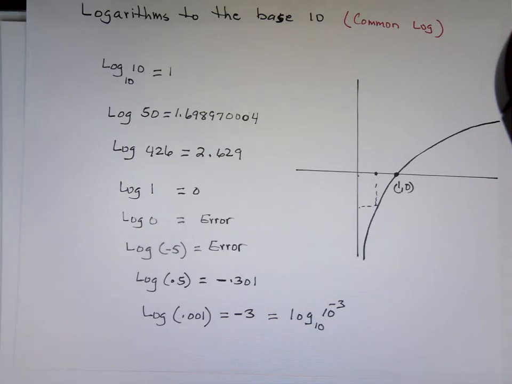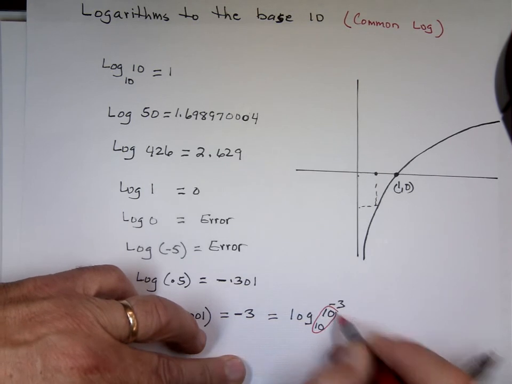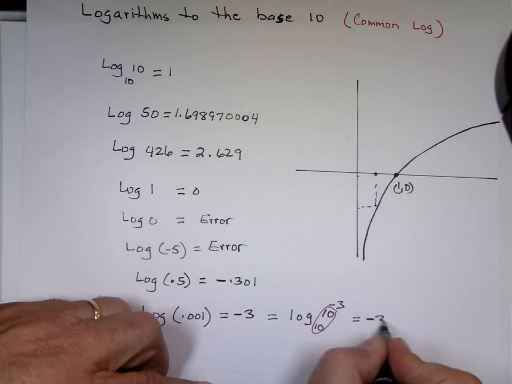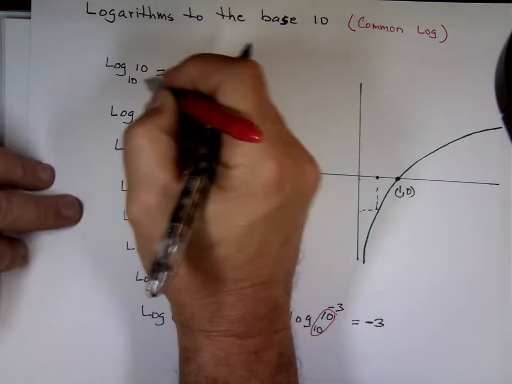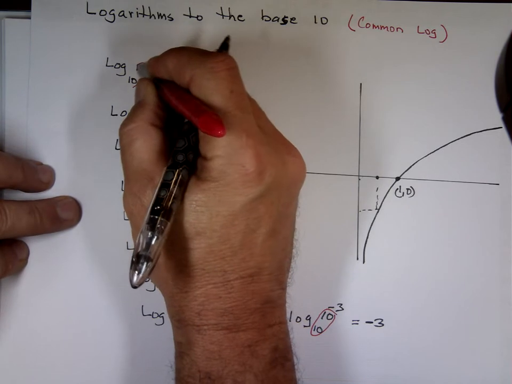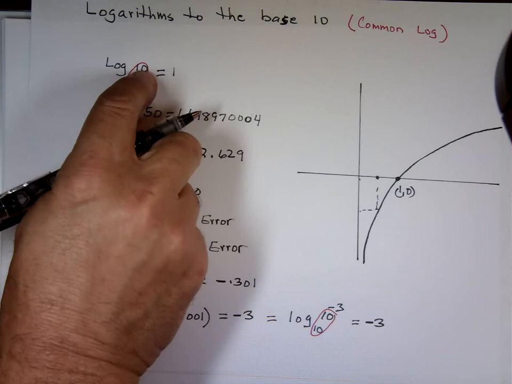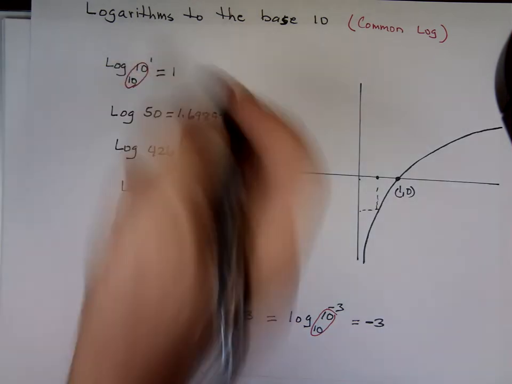Once these numbers are the same, the answer is only the exponent, which is -3. The same thing right here. Once these numbers are the same, 10 is 10 to what power? 1. That's why the answer is 1.